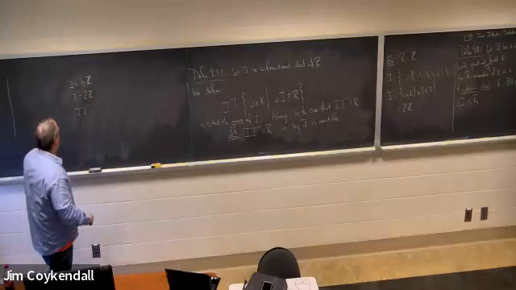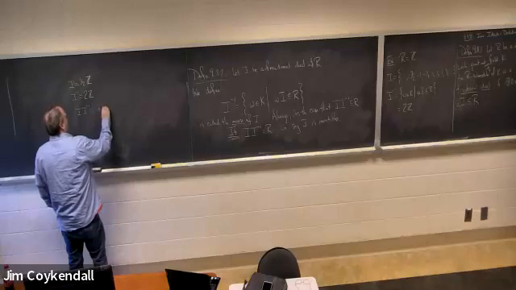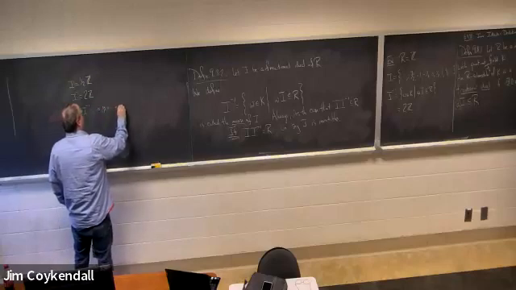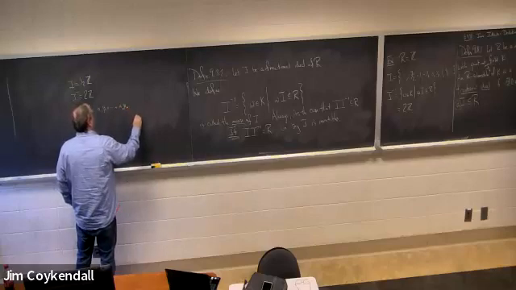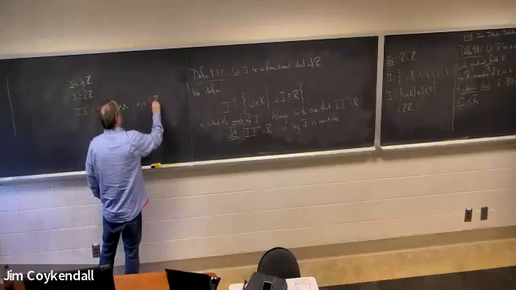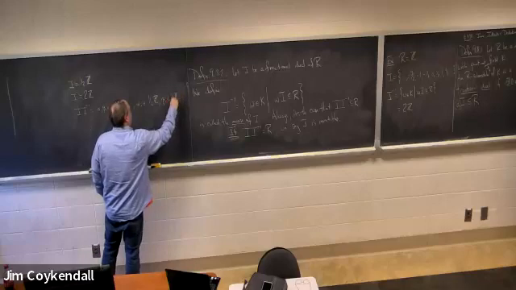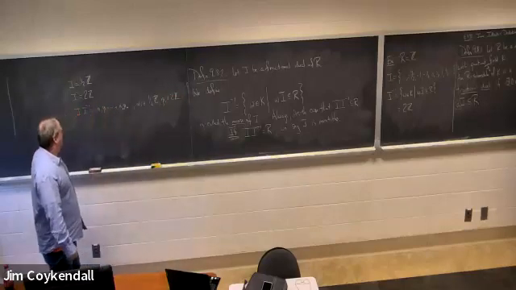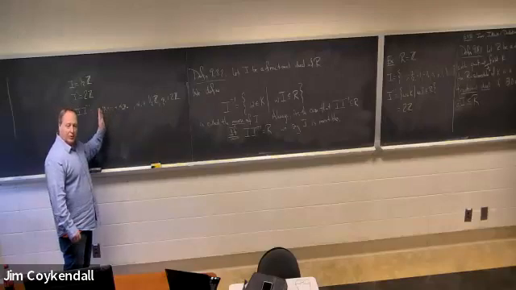This is the set of things that look like alpha 1 beta 1 plus alpha 2 beta 2 up to alpha m beta m, where alpha i is in 1/2 Z and beta i is in 2Z. Correct. And these can be as long or short as you want. Actually, it turns out that you can always choose m to be 1 for this particular example because Z is a principal ideal domain.